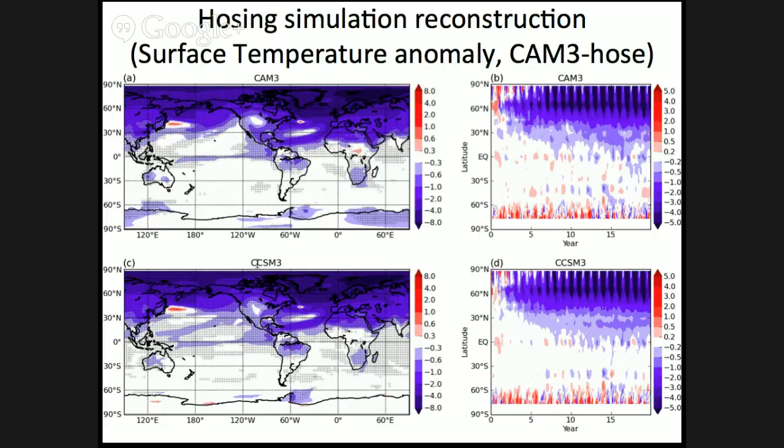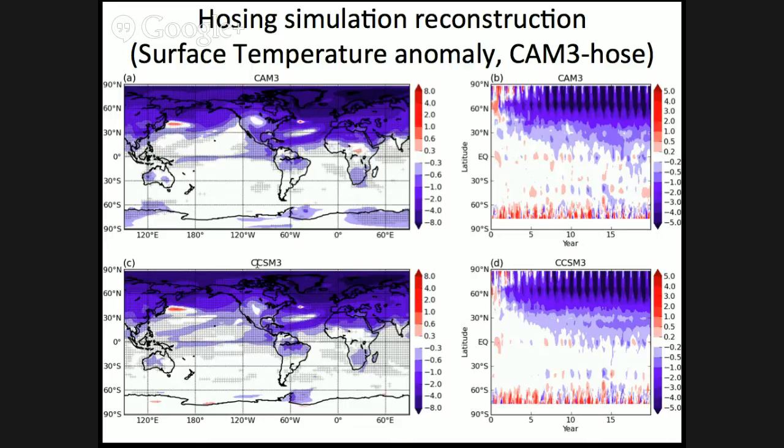And this is showing a Hovmoller diagram with the x-axis the time after freshwater hosing, and the y-axis the latitude, and zonal average is taken. You see there's a propagation of the surface cooling from the high latitude to the lower latitude. It takes around 7 to 8 years for the cooling to reach the equator.